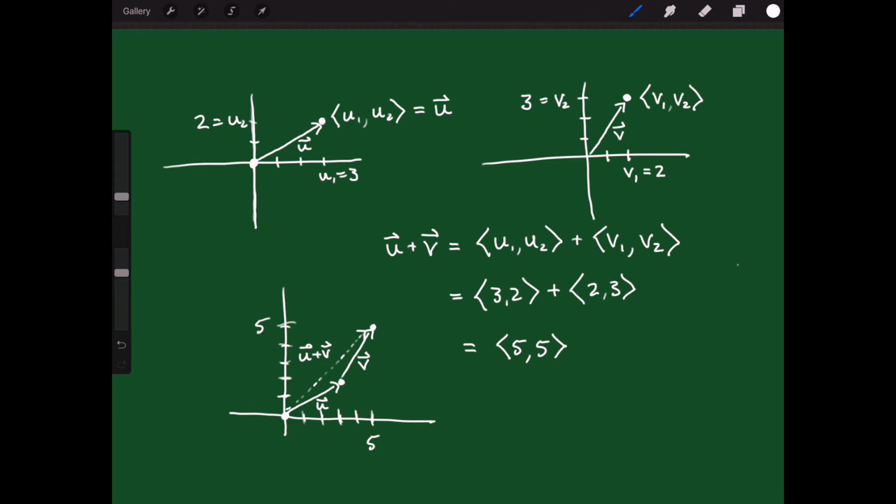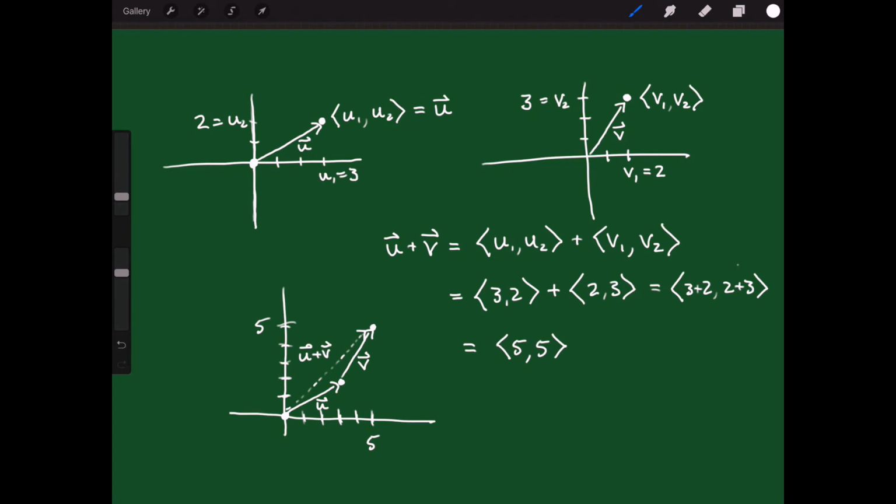And now you might be saying, wait, I think I see what's going on here. All you're doing is you're really just adding the x components of those two vectors, and you're adding the y components of the two vectors, and that's exactly right. So this is just equal to 3 plus 2, comma, 2 plus 3, where I just added the x components together and the y components together.